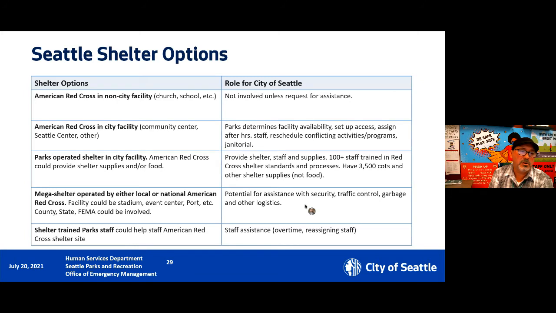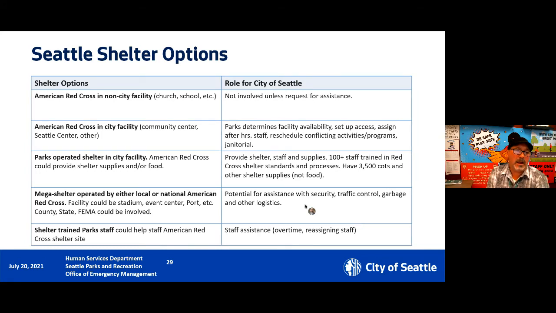The next option could be a mega shelter operation run either local or by the National Red Cross. Facilities could be like a stadium or a large event center, a port, county, state. FEMA could be involved at this point. The city's role potentially would be for assisting with like security, traffic control, garbage pickup, and other logistics.